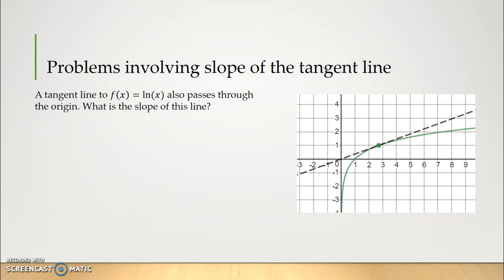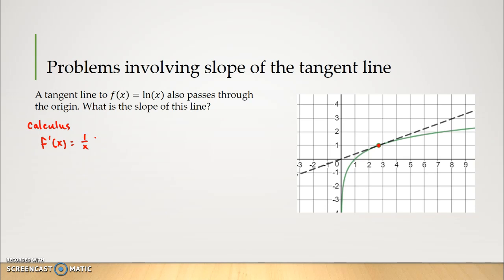And then there are some problem-solving types of problems involving the slope of a tangent line. So I have a function f of x equals natural log of x, shown in green, and it has a tangent line that passes through the origin. So we want to know the slope of this line. And so the big deal is realizing that the new calculus way of thinking about slope, so this has a point on it, right? The new calculus way of thinking about slope is going to say, well, the derivative of natural log would be 1 over x.